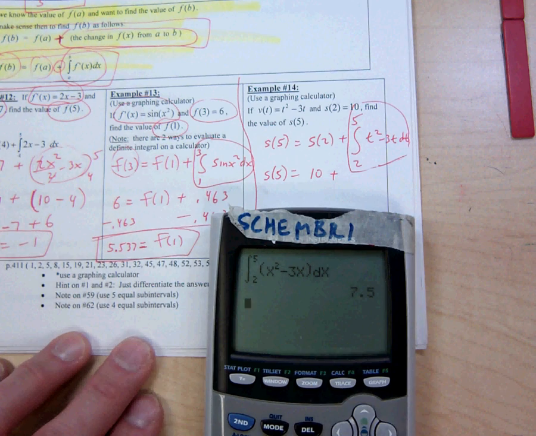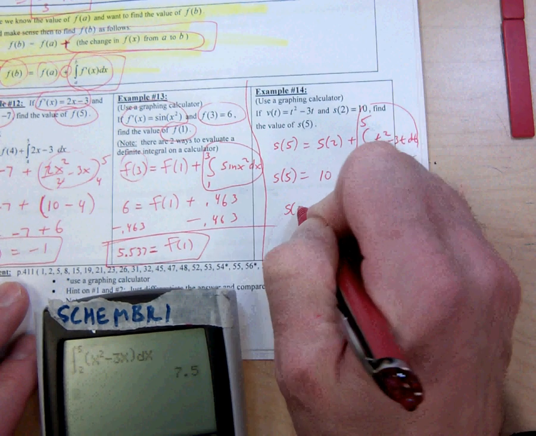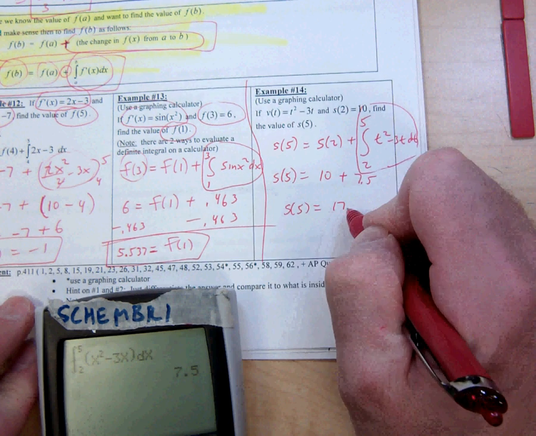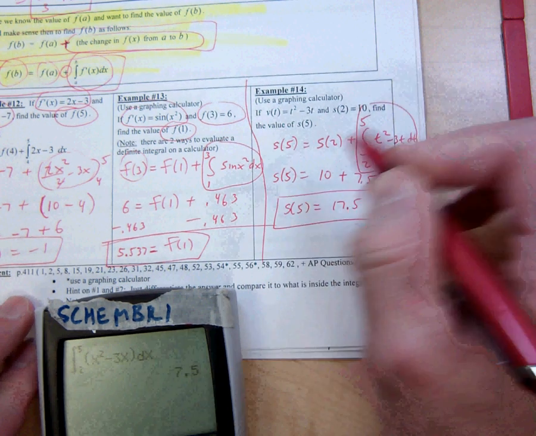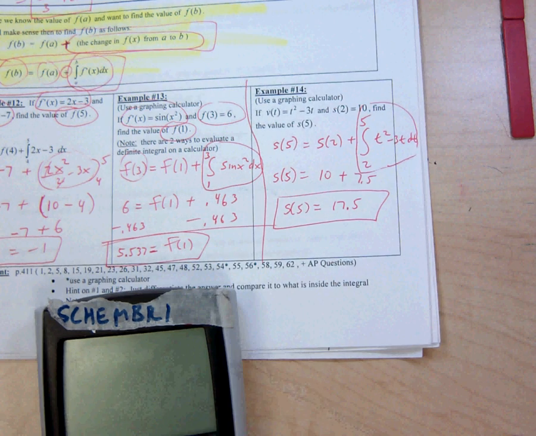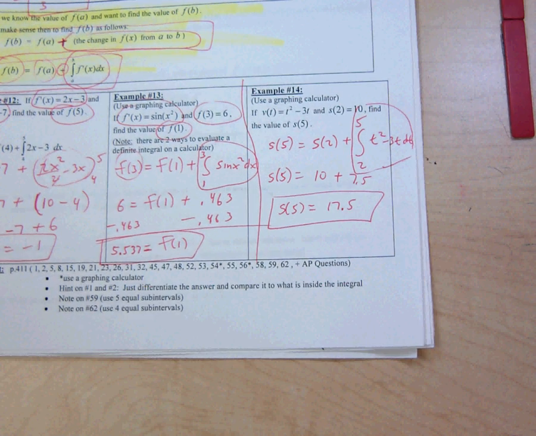Yes? And so what is s of 5, guys? In other words, what's my position at time equals 5? 17.5. Okay? No, there's nothing here that's that hard. It's just that there's a lot here. Yes?